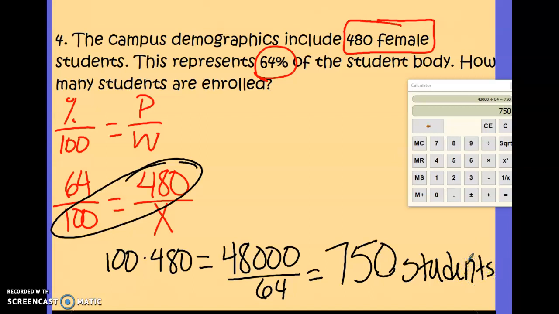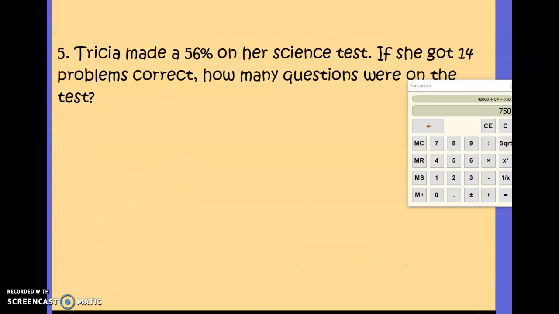We have one more example problem. Tricia made a 56% on her science test. If she got 14 problems correct, how many problems were on the test? Again, we've got percent out of 100 is equal to part over our whole.